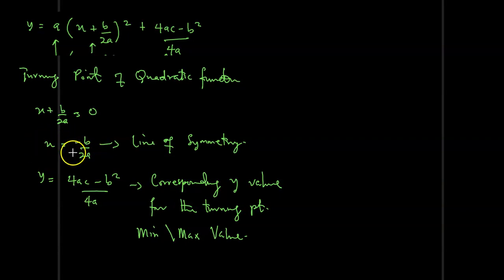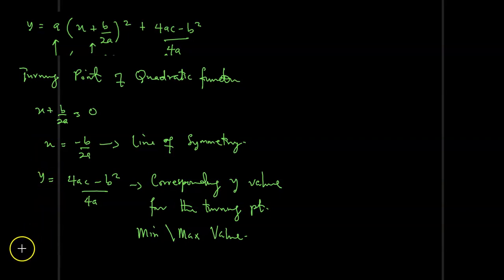You can use this to generate it faster without going through any stressful activity. So please take note, when you put these two x and y values together, it gives you the minimum or maximum point.